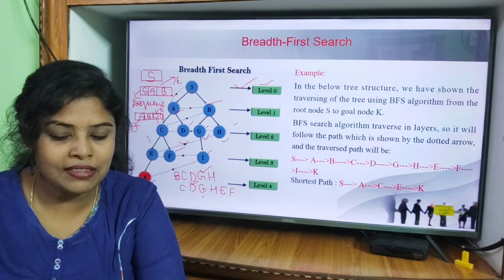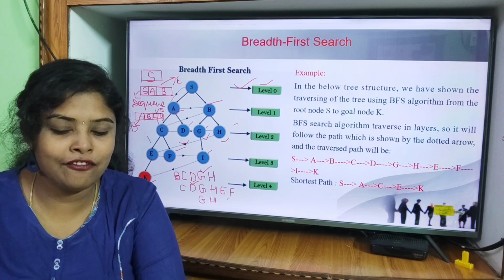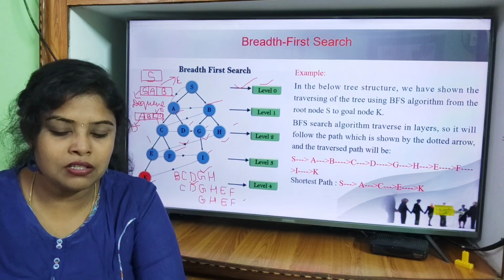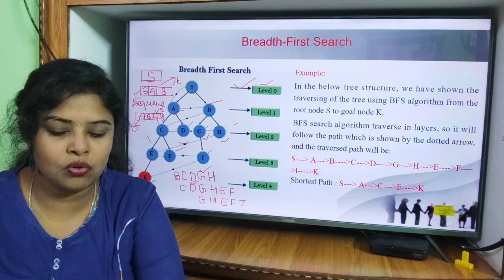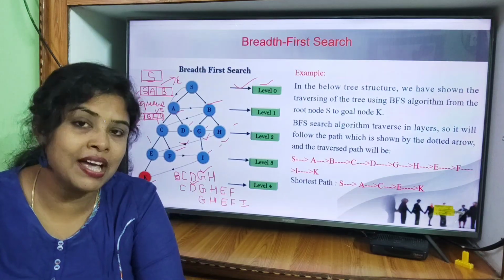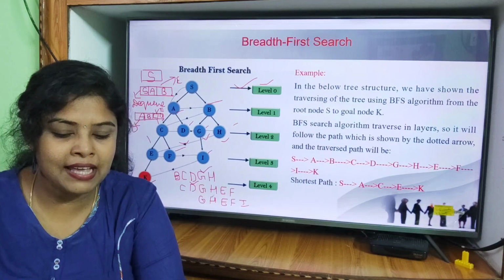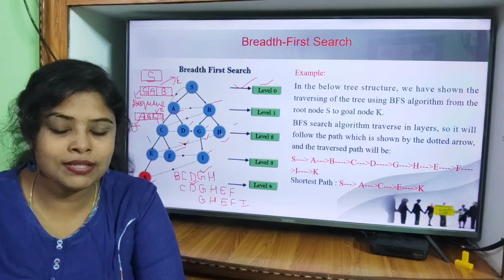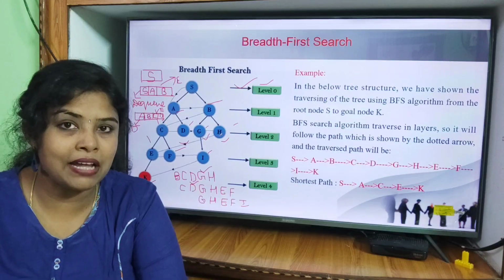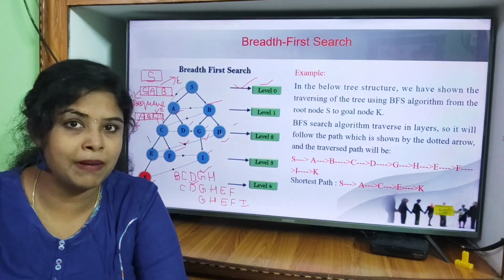Now I have G, H, E, F and I in the queue, right? So now I need to dequeue G and check if H has any successors. But H has no successors. Therefore, I am done with all the nodes at that particular level.